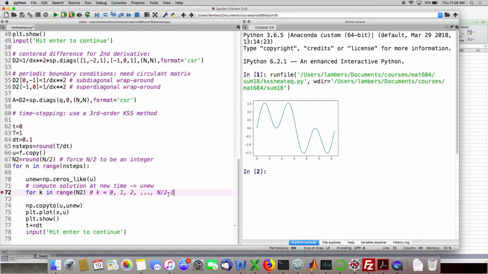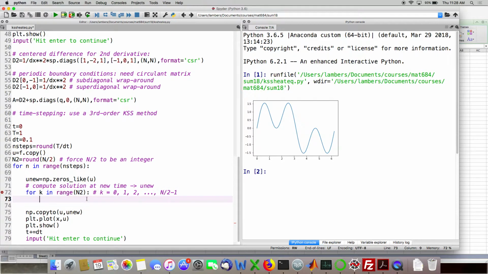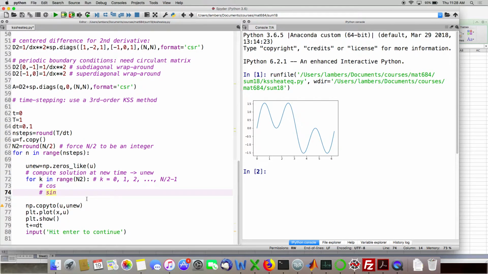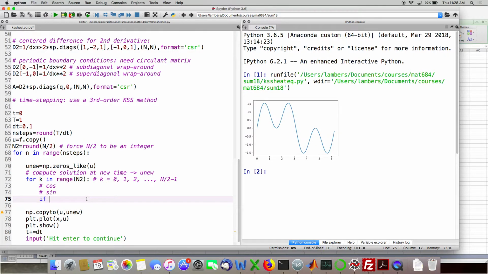Now, I need a colon here. And we see we have cosine terms and sine terms to handle. But sine will only come into play when k is strictly greater than 0. So if k is greater than 0, then we'll deal with that. But for all values of k under consideration, we'll deal with cosine.